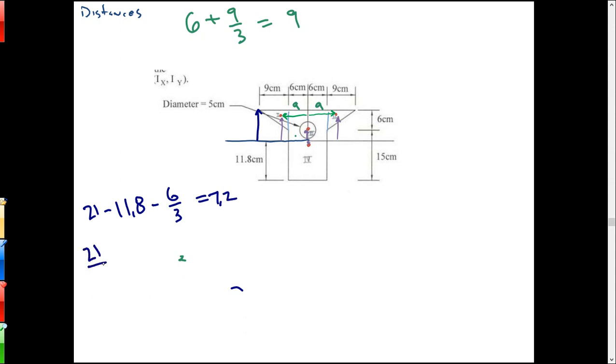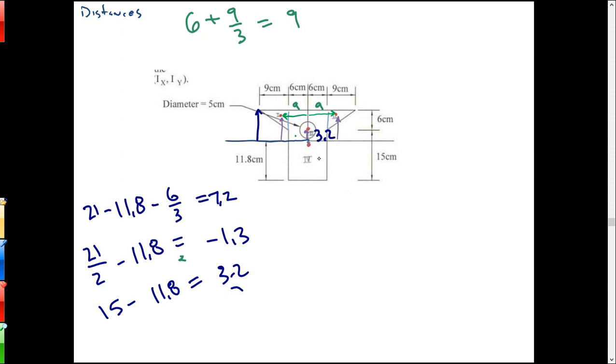And the other distance will be 21 over 2 minus 11.8, which isn't going to be 2. Hang on, did I screw that up? Yeah, which will be negative 1.3. Now do that circle there. I've got 15 minus 11.8, which is 3.2.